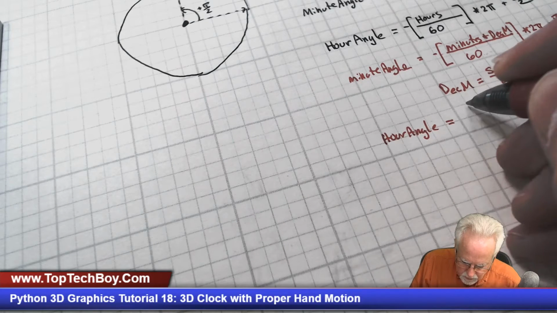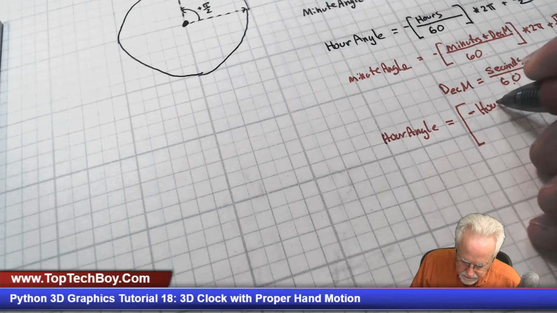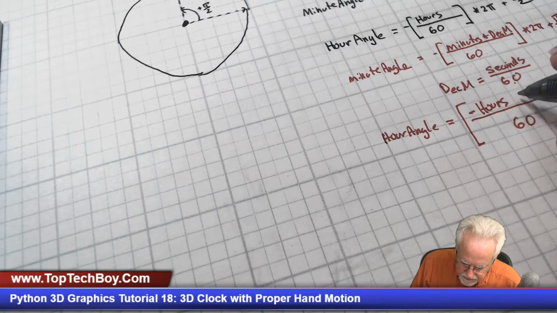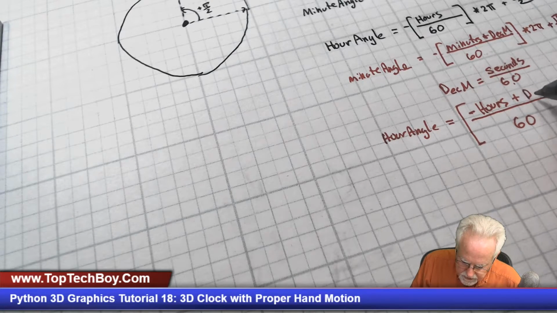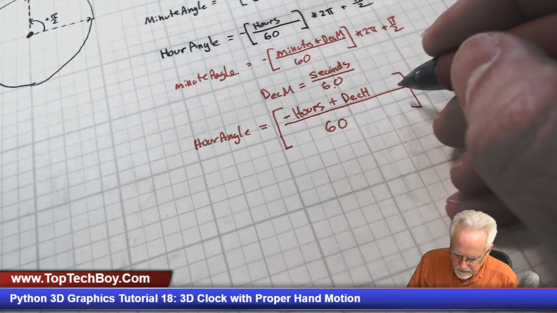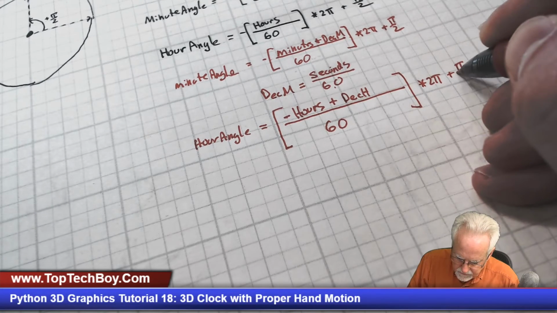And similarly, the hour angle is going to be equal to, like we had before, minus hours divided by 60 plus what? What is your decimal hour? Times 2 pi plus pi over 2.